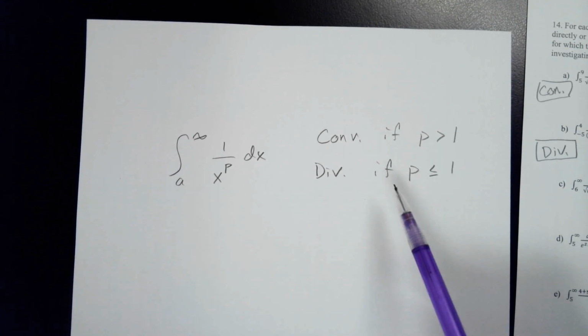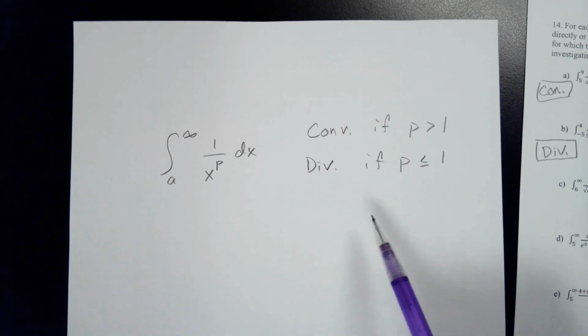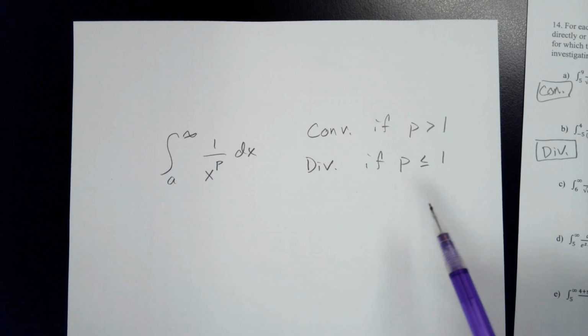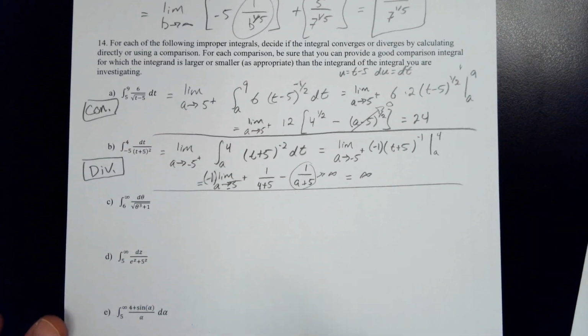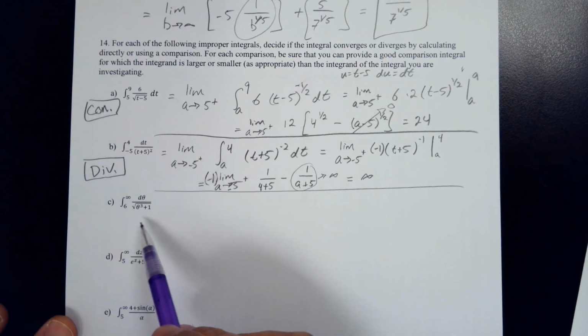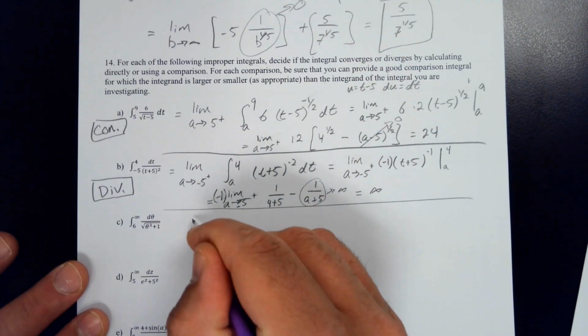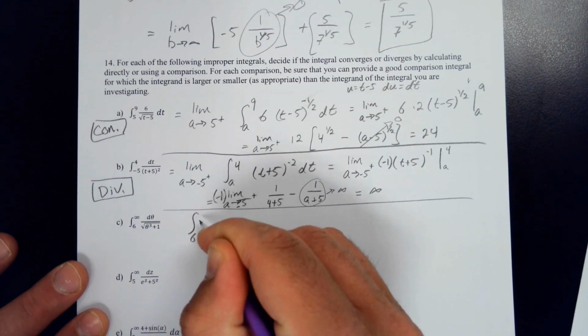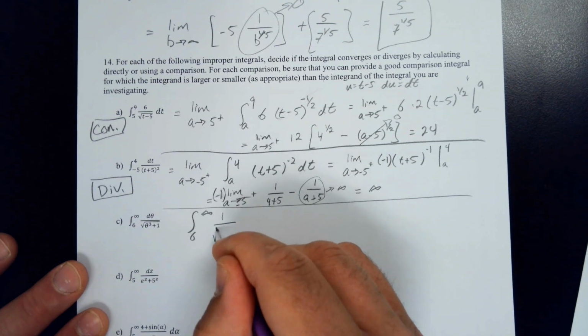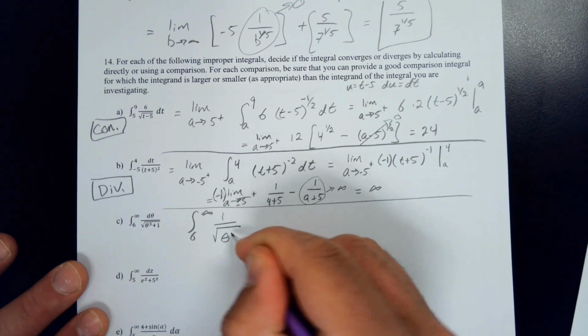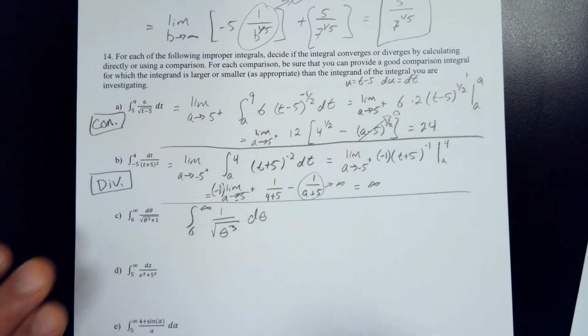This is sometimes called the p-value test, and this ends up becoming really important in the next semester of calculus. Okay, so let's use that rule to figure out what's going on here. This looks a lot like the integral from 6 to infinity of 1 over the square root of theta cubed d theta.